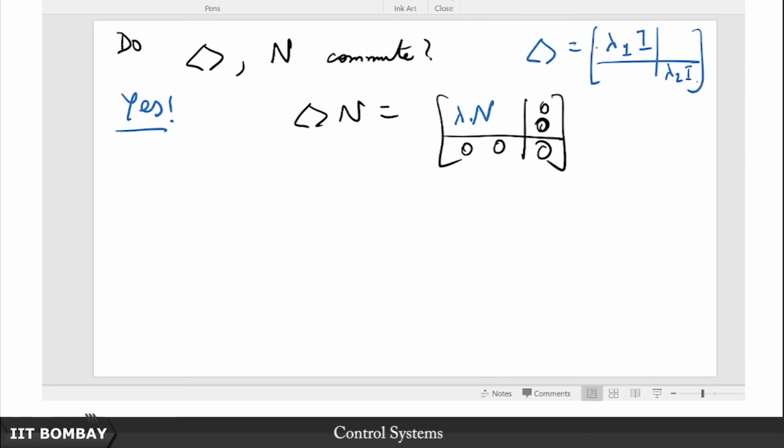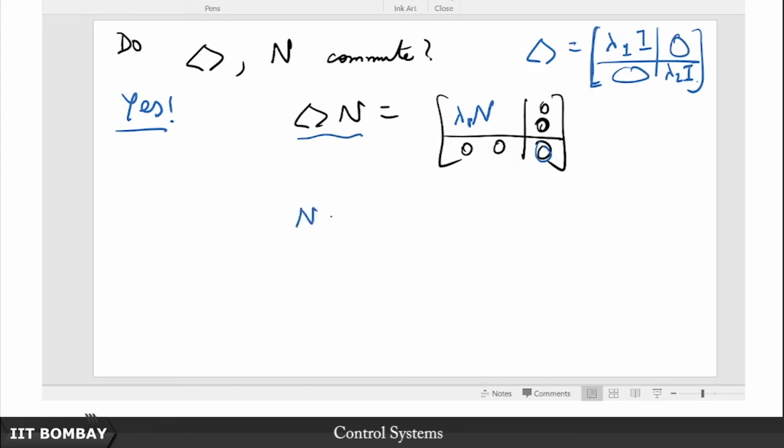That is how the diagonal structure is going to be. So this is just going to be this lambda 1. In this case, of course, the second one is a trivial Jordan block, which is to say that it is a diagonal block. So this lambda 2 is just 1 by 1. This is specific to this case, but in general you can extend this idea and see that this is what you will get when you multiply.